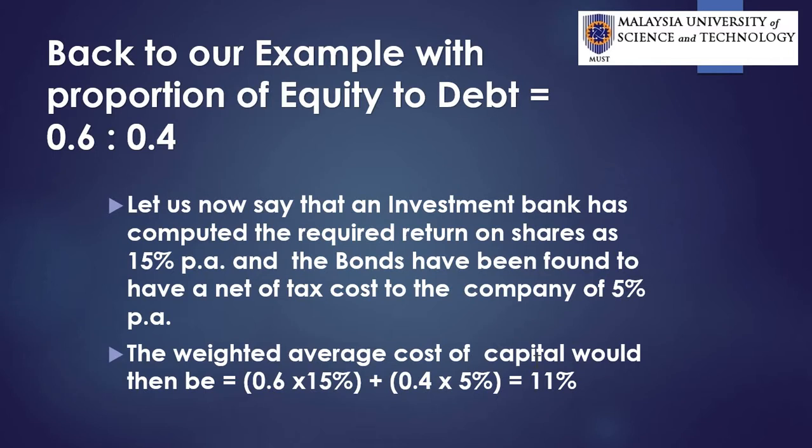And they have also calculated the required return on bonds to be 5%, net of any tax benefit that we might get because we pay interest on bonds. You will know that when you pay interest on bonds, you are entitled to a tax rebate for the interest you have paid, because interest on borrowing is a tax deductible expense.